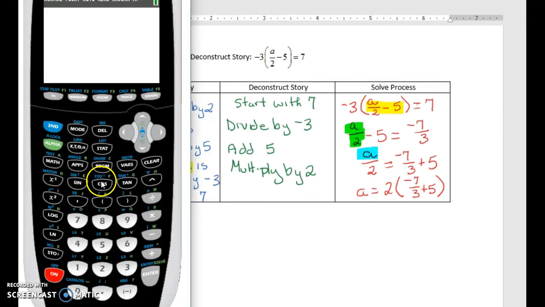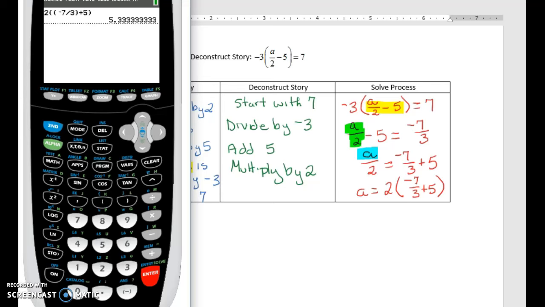So using our calculator, we're going to do 2 times, and now because we have a -7/3, I'm going to use parentheses again, -7 divided by 3, and for that plus 5, and close that set of parentheses, and I have my answer of 5.3 repeating, which is 5 1/3.